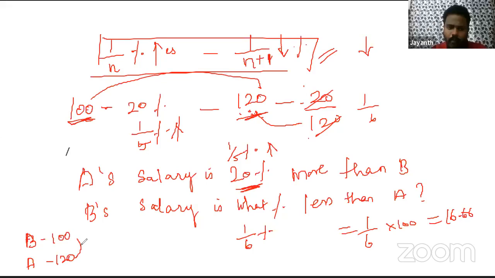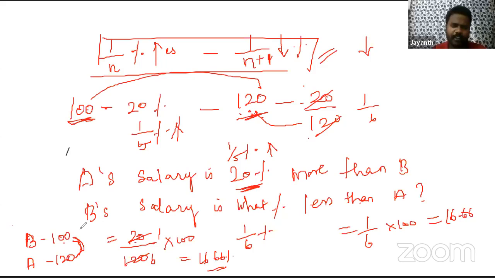The difference is 20. So 20 is what percentage of 120? It is 1/6 of 100, which is 16.66%.